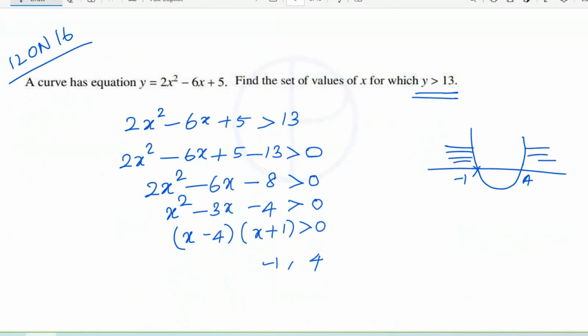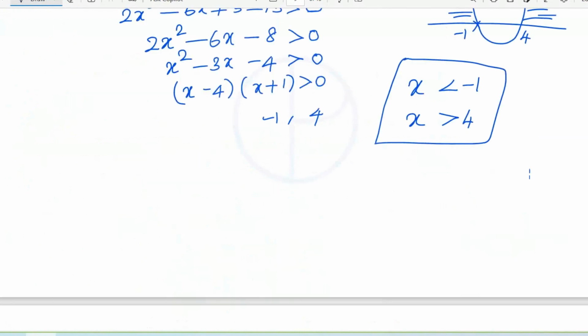So the solution is x less than negative 1 and x is greater than 4. You can try this question of the similar type from the recent past paper.